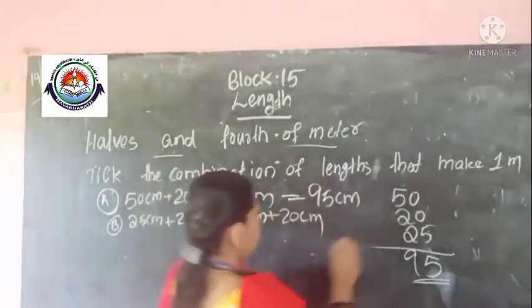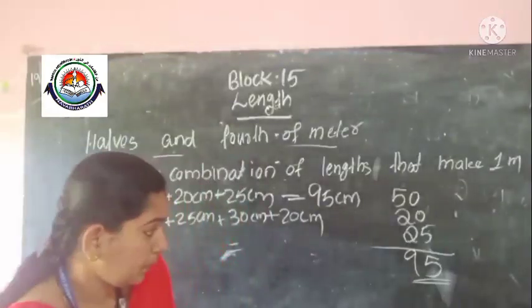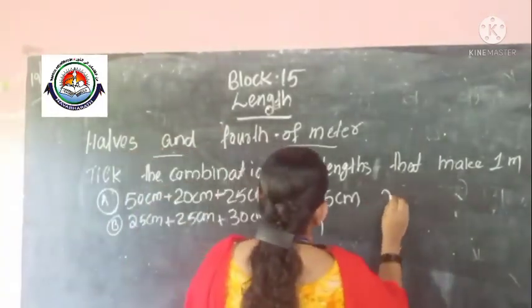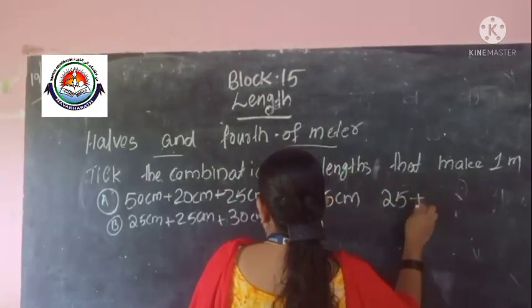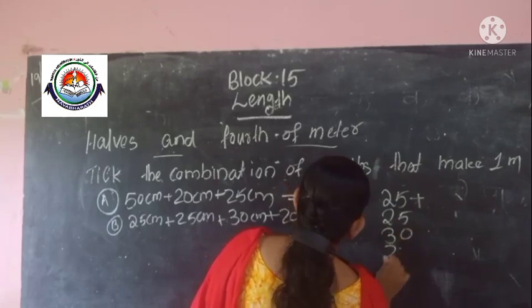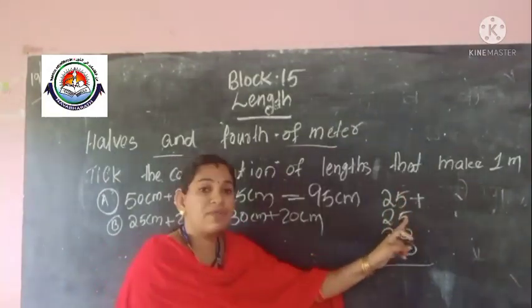So next, 25 plus 25 plus 30 plus 20. So this add is 4. 5 plus 5, 10.